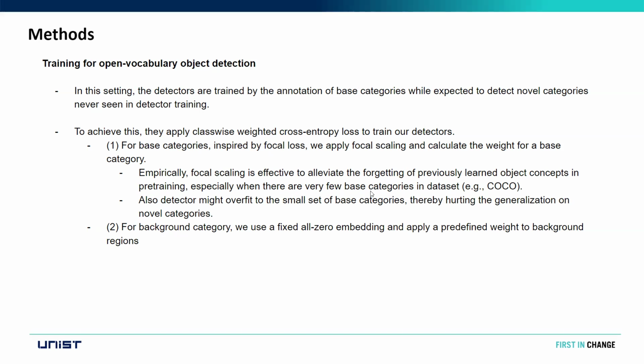And they argue that this loss is inspired by focal loss, so that in the case when there are some base cases with very few data, this loss may help the model to not forget about these base cases with a few data in them, and also prevent it from overfitting with a small set of the base categories.